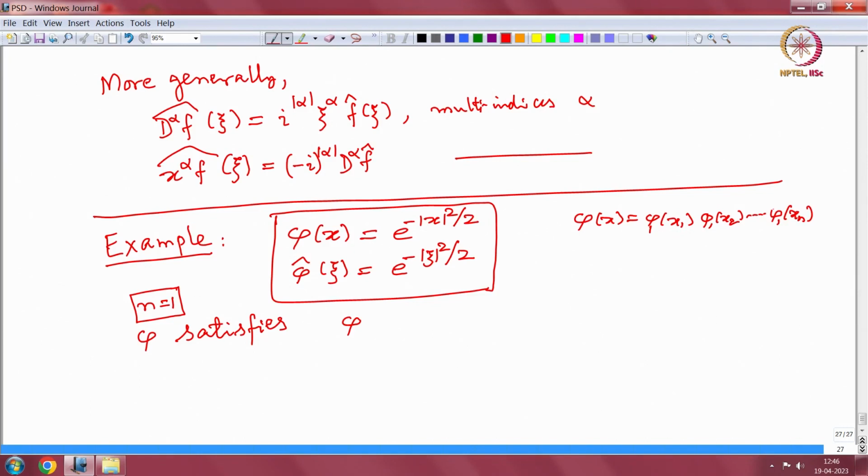And so the integration is also one dimensional. So, this is sufficient; the general case follows by writing it like that.